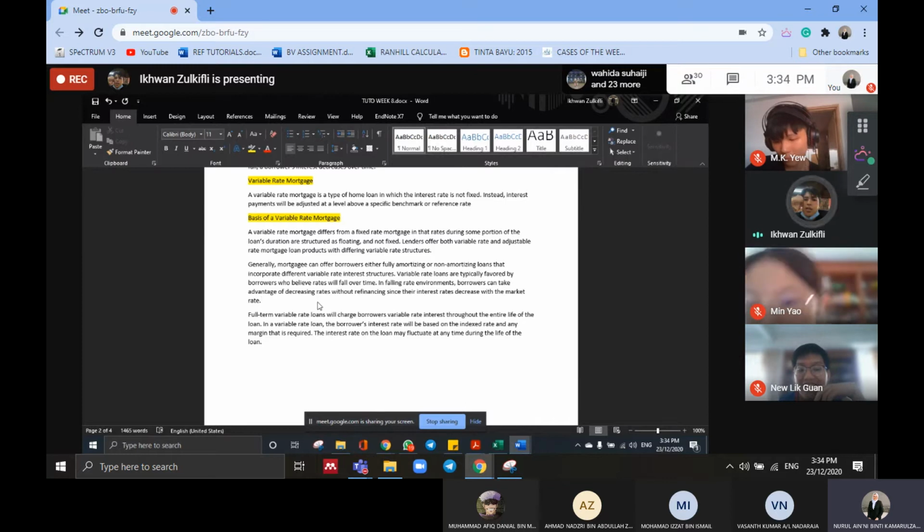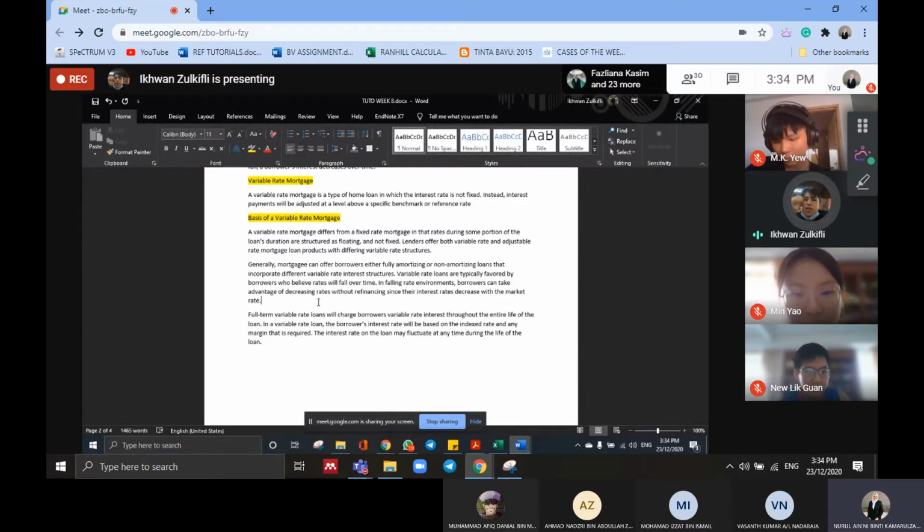I cannot explain it in layman's terms, but I think that fully amortizing is basically like the example that Dr. said in the previous tutorial. Full amortizing is basically after the mortgage period ends, the loan was fully amortized.